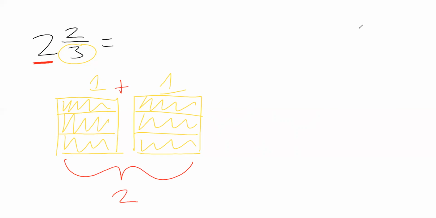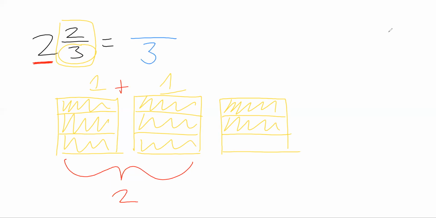And then if we look at the fraction part that's left over, it says, well, we have 2 out of 3 left over. So we got to make another model, and again, it's still in thirds, but only 2 are shaded. Now, if we look at that, my denominator hasn't changed. That's one thing we need to notice. This is happening a lot. It happens with addition and so on. The denominator isn't changing when I'm putting these together.